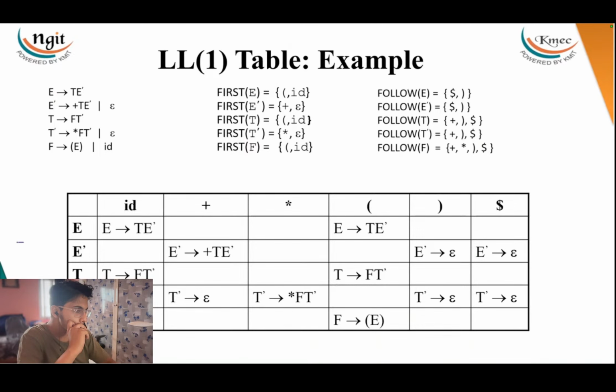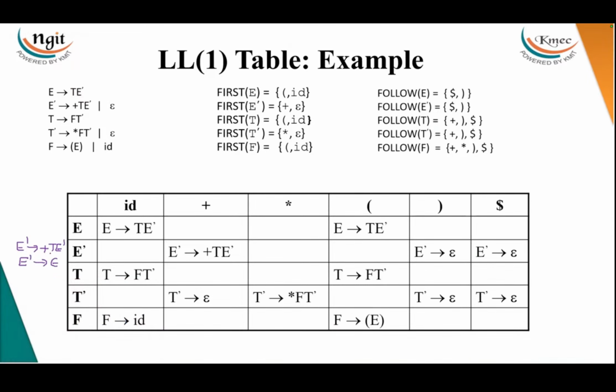Like we have to keep this production E dash tends to plus T E dash and E dash tends to epsilon. So where should I keep this plus T E dash? We have to keep that in first of plus T E dash. So what is the first of plus? Plus only. That's the reason we have to keep it here. Then where should I keep E dash tends to epsilon? First of epsilon. But do you have the epsilon column here?